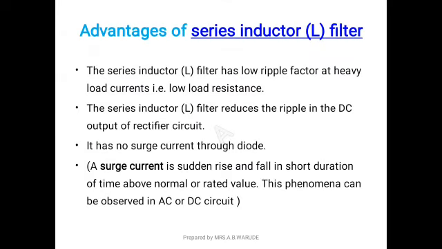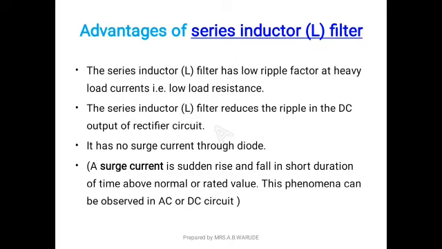Then the advantages of the series inductor filter. The series inductor filter has a low ripple factor at heavy load currents, that is low load resistance, because current and resistance are inversely proportional to each other. Second, the series inductor filter reduces the ripple in the DC output of the rectified output, because an inductor is used.